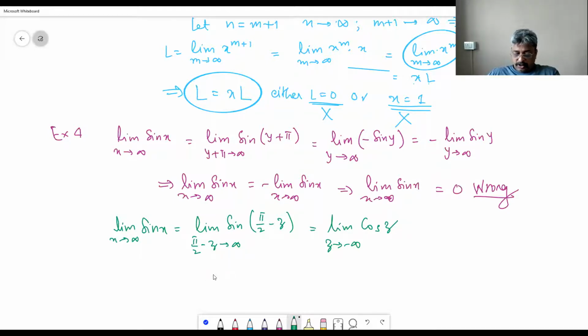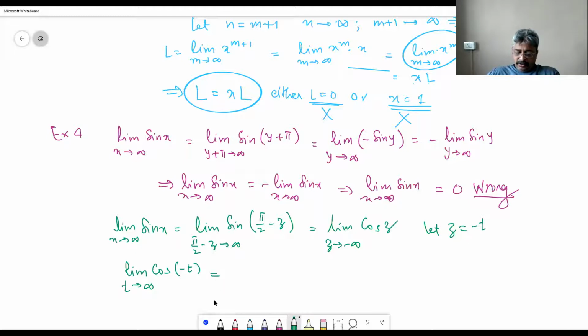This is one part of the story. Now what do we do, let z is equal to opposite of t. Then what will come, limit cos of opposite of t, and then z is equal to opposite of t, therefore t tends to infinity.